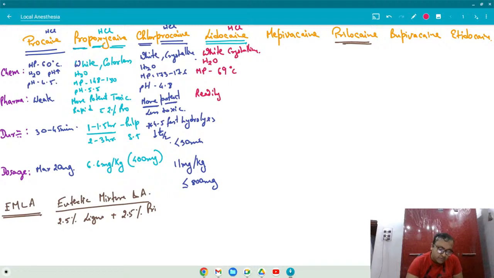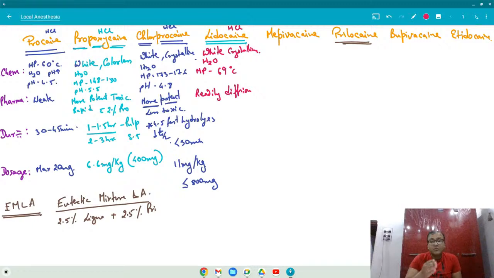Now, as far as the pharmacology is concerned, the good part is it readily diffuses through the soft tissue, the interstitium. So, ready diffusion, I'm writing in short. It also can go into the lipid-rich nerves because nerves are covered by the myelin sheath, so there will be a lot of lipid. Even the nerve itself is a cell, so it will have a cell membrane, a plasma membrane, a phospholipid bilayer, so lipid is present over there.